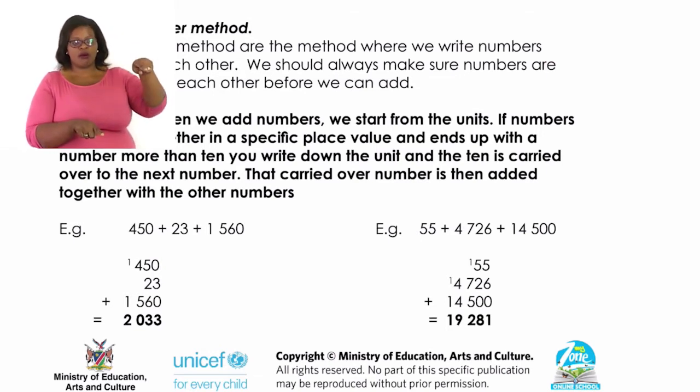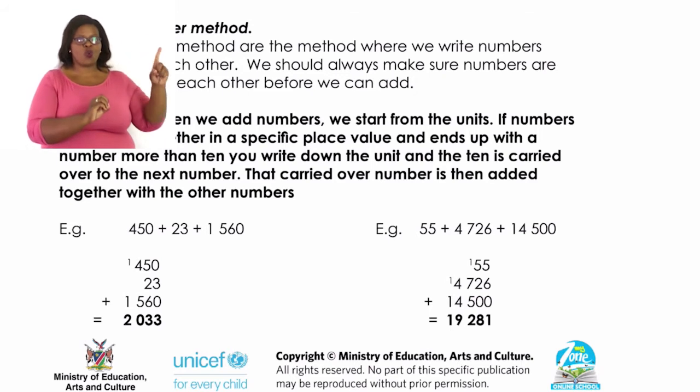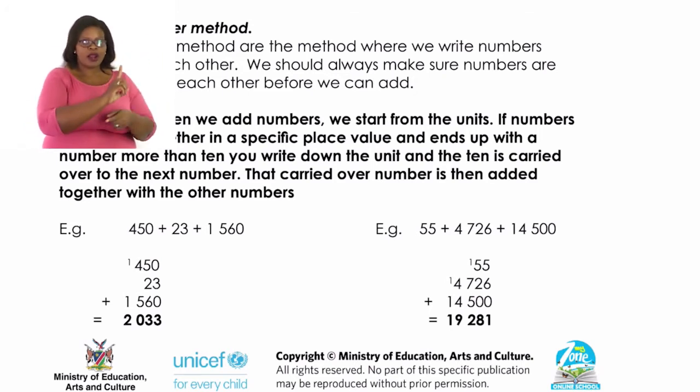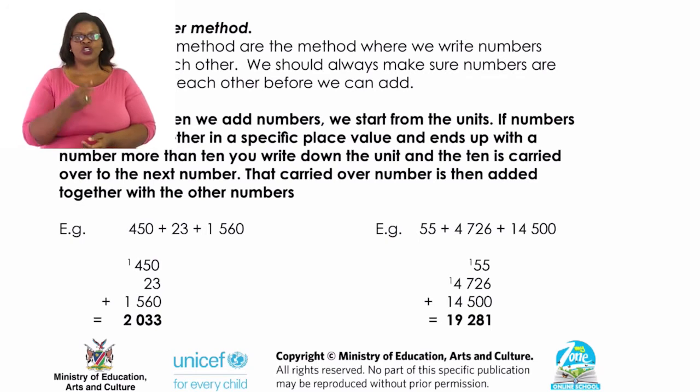Then we say 4 plus 5 equals 9, plus the 1 that was carried over, and that equals 10. Then we carry 1 over to the thousands. And that 1 plus the 1 that was carried over is equal to 2. So our answer is 2,033. Let's try another example.